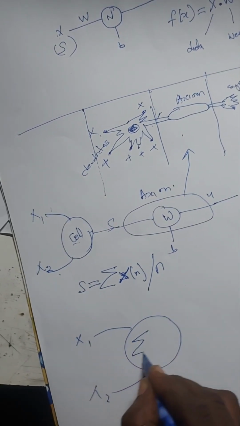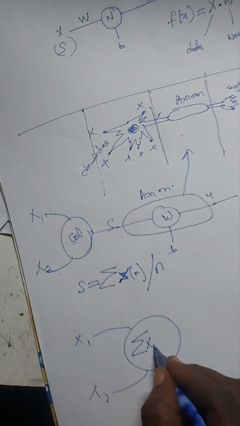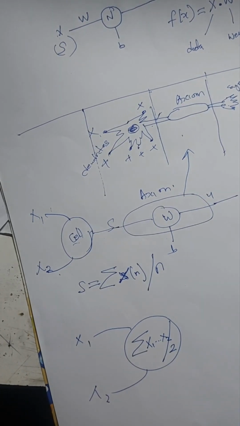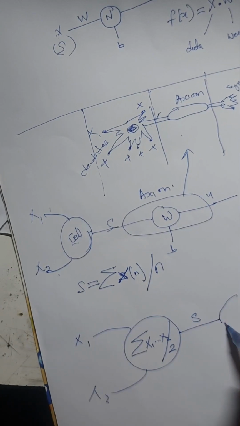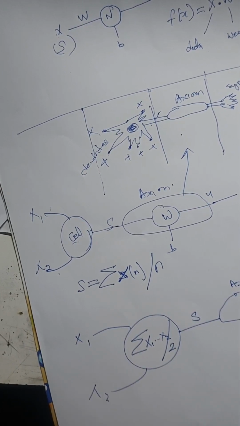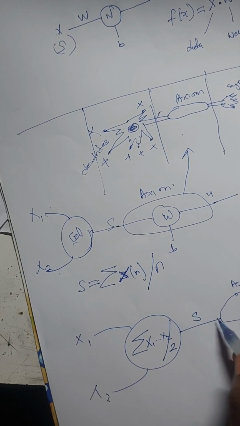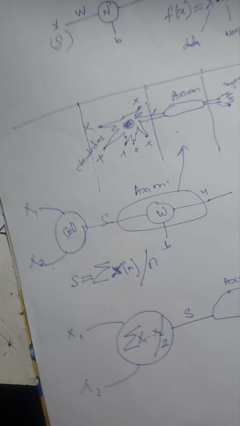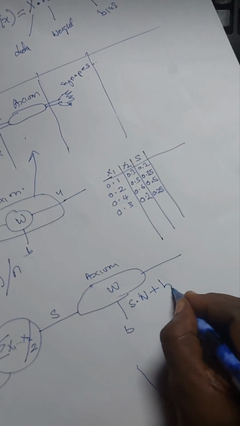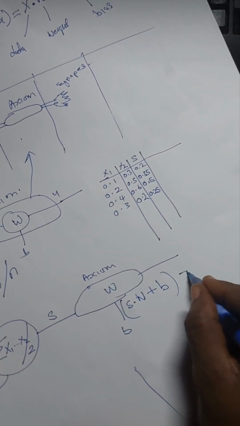We're going to do the mean summation of x1 to x2 divided by the number of inputs, and this gives us the signal strength. The signal strength is passed to an axiom. This is our axiom, and the axiom has a weight and also a bias. That is where you have this function: S multiplied by the weight plus the bias. And this will give you the output Y.